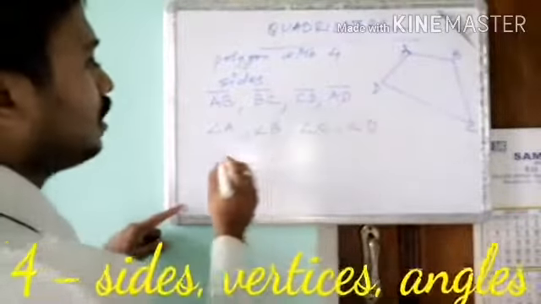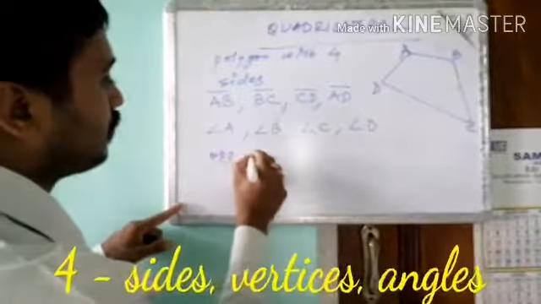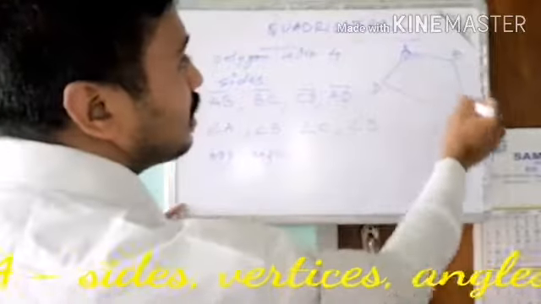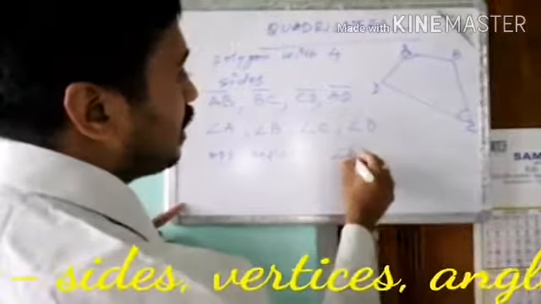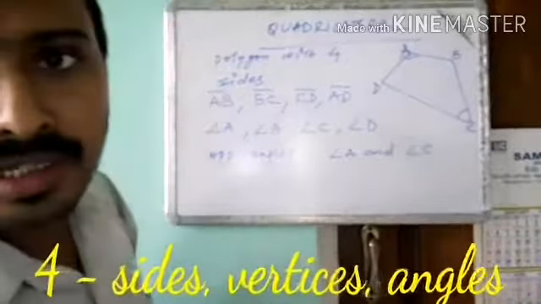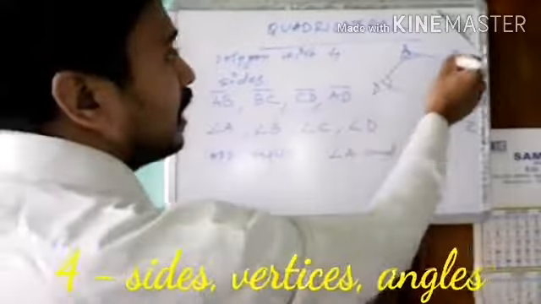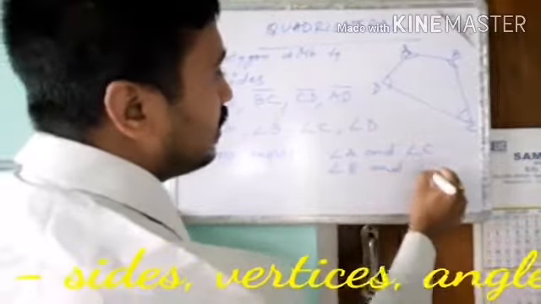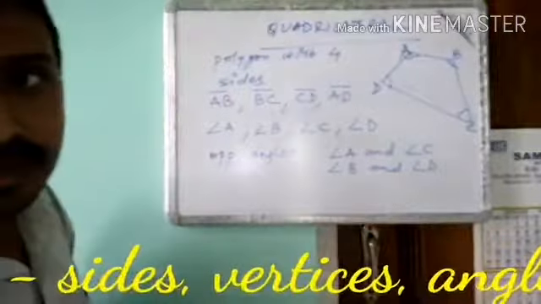Opposite angles. What are the opposite angles? A and C are opposite angles. B and D are also opposite angles. They are opposite angles.